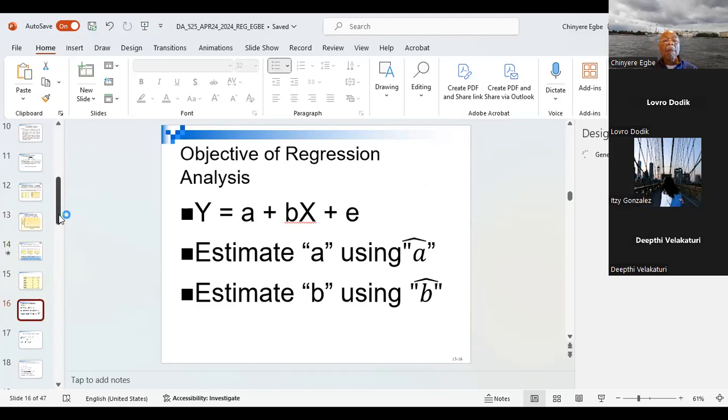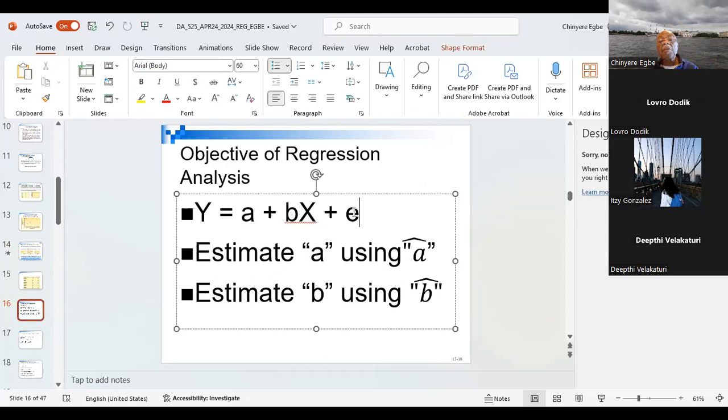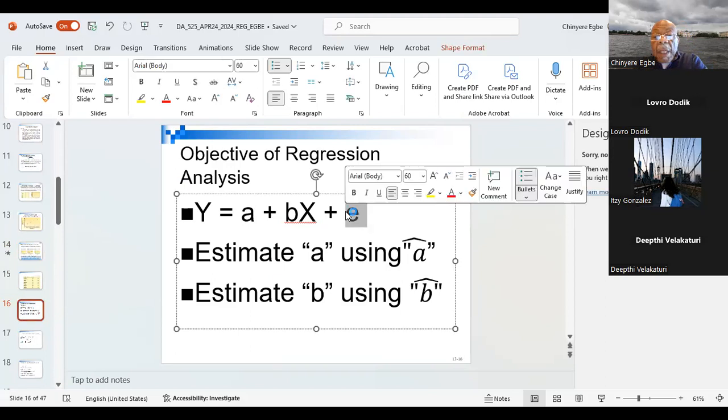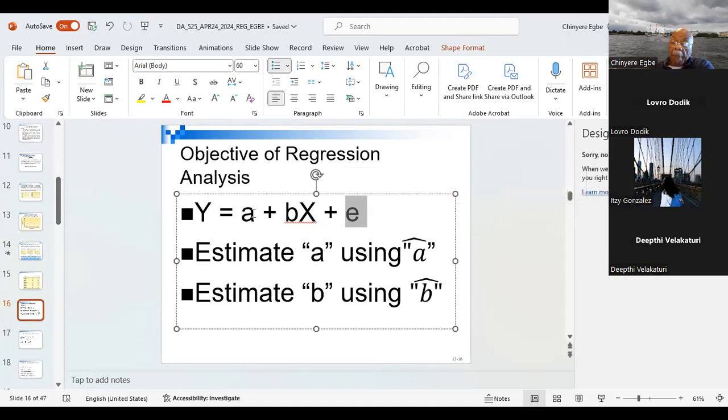Okay. Now, when we specify a regression model, we specify that y is equal to a plus b times x plus e, where e acknowledges that there's going to be some error in our estimation of a and b.